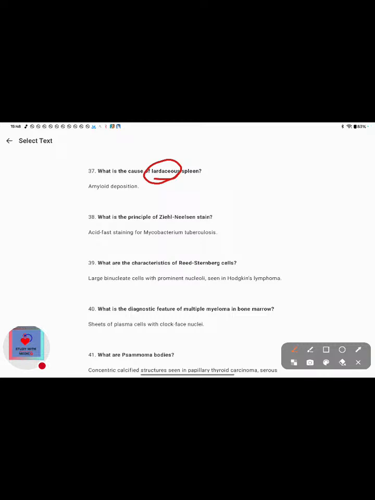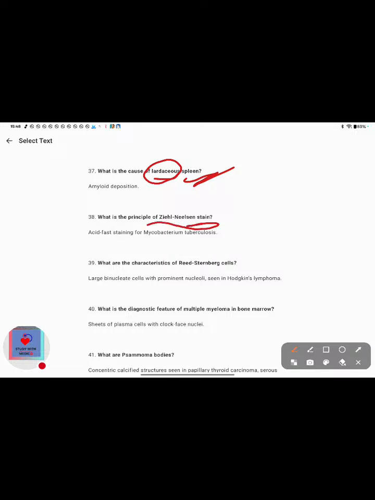It is a semi-solid white fat obtained from rendering the fat tissue. It is distinguished from tallow. Lard comes from the pork fat. Lardaceous spleen is nothing but fatty spleen.